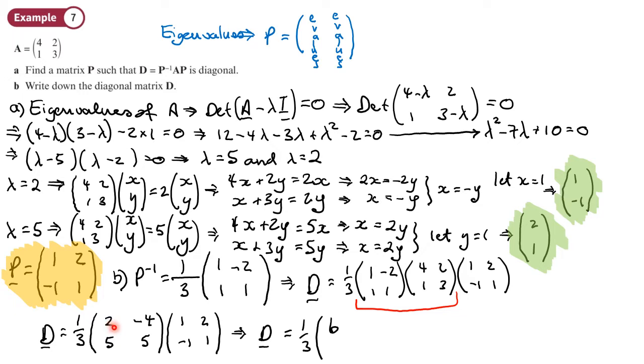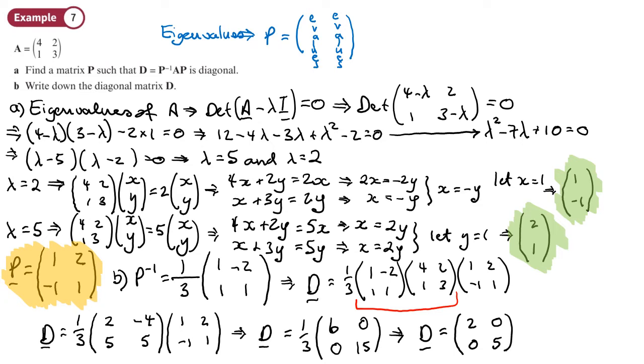Then we'll have 4 minus 4, which is 0. Then we'll have 5 minus 5, which is 0. And then we'll have 10 plus 5, which is 15. And if we find 1/3 of those elements, we'll just have our diagonal matrix as 2, 1/3 of 6 is 2, and 1/3 of 15 is 5.